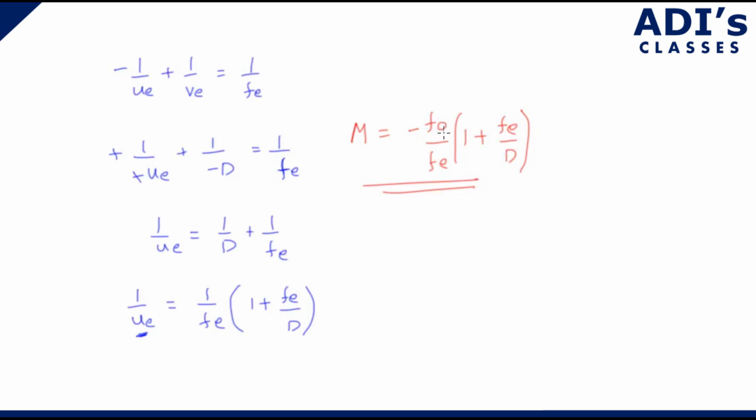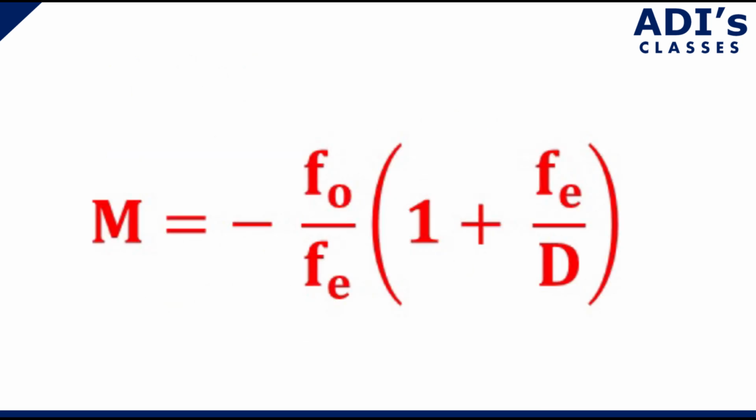That's how we get the minus F naught. So we have M is equal to minus F naught by FE into 1 plus FE divided by D. Now this is the magnification produced by a refracting telescope.